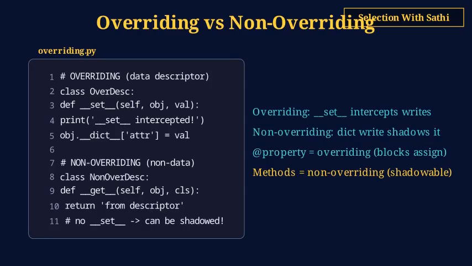Assigning obj.attr puts the value directly in the instance dictionary, which shadows the descriptor. __get__ is never called again for that instance. This distinction explains why property blocks direct assignment but plain methods don't.